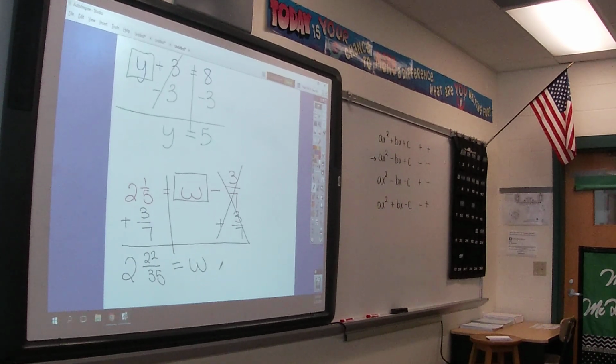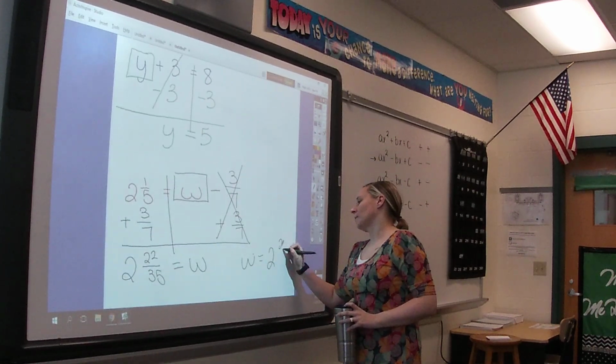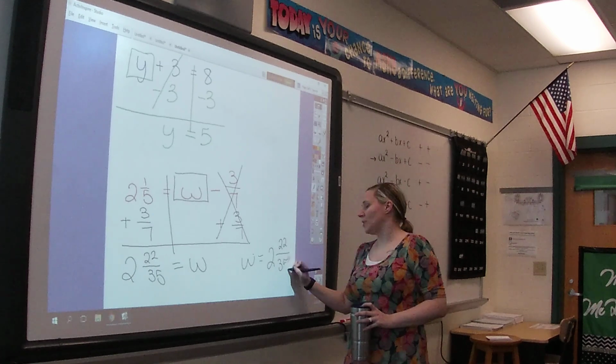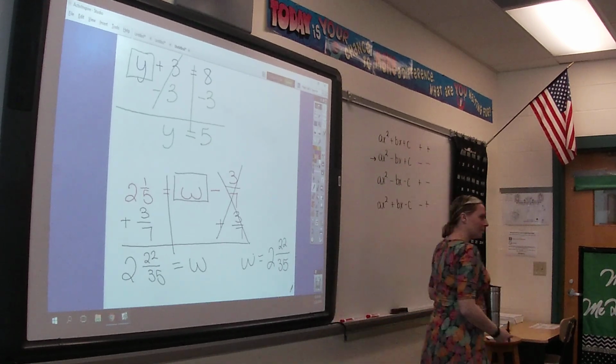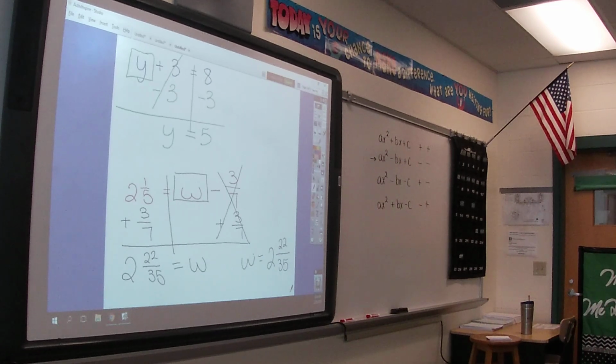When we're dealing with equations, it doesn't really matter whether we have the variable first or second. Just realize that this is the same thing as this. If you needed to change it to a different form, you could enter it as an improper fraction. You could do that on your calculator too.